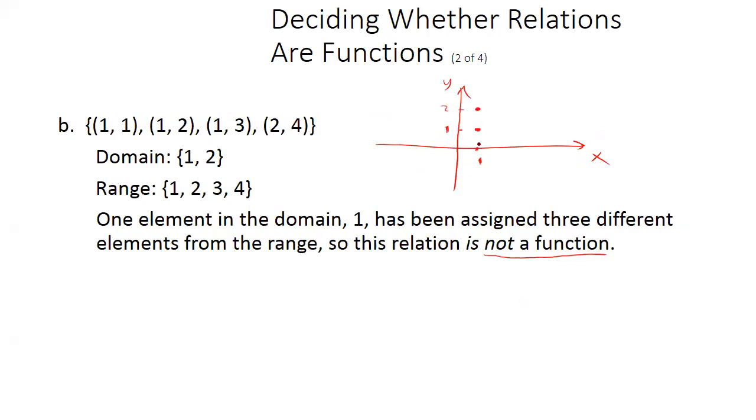So I have a graph passing through these 2 points, right? This point here would be 1, 1. This one would be 1, 2. I don't even have to go any further. If I find 2 points right on top of each other on my graph, that violates the definition of a function. So we can stop right there since that's not a function.